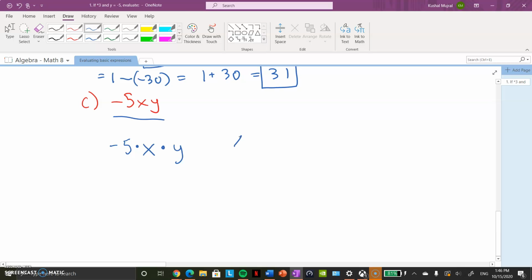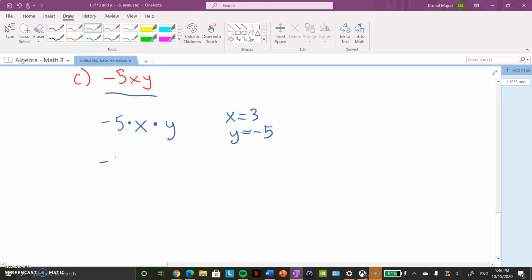Okay? So we know that x equals 3 and y equals negative 5. So negative 5xy is negative 5 times x is 3, and y is negative 5, okay, which becomes, what's negative 5 times 3? That's negative 15 times negative 5.